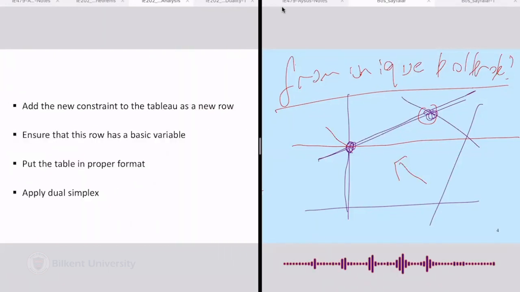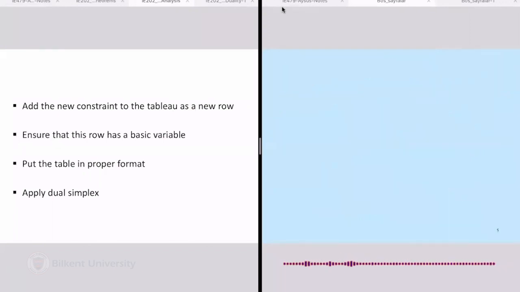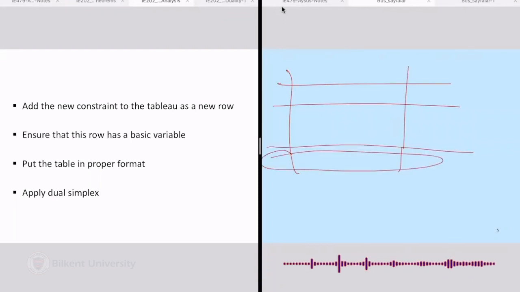If we lose primal feasibility, that means we have to update our table. But this is a new variable, right? So this was what we already had, and we need another row in here, yeah? That means our dimension is increased.